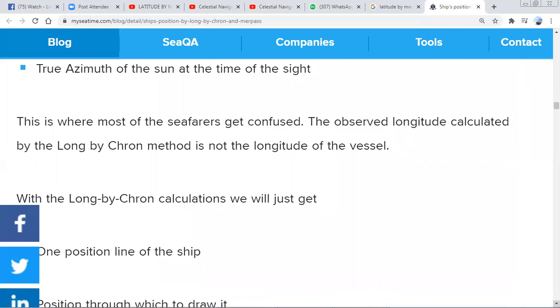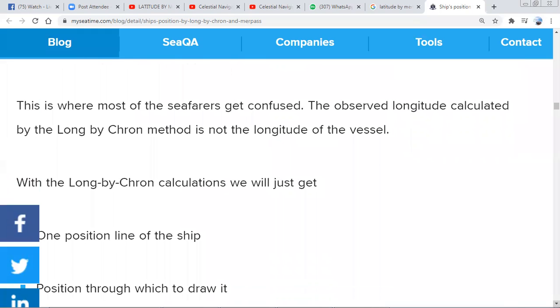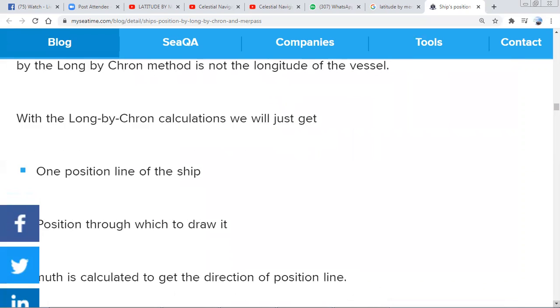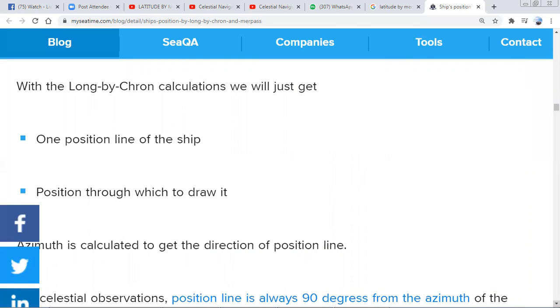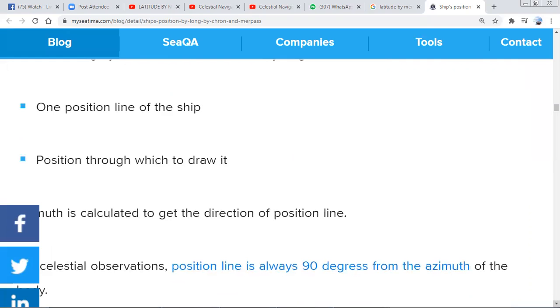This is where most people get confused. The observed longitude is not the longitude of the vessel. With the long by chron calculation, we will just get one position line of the ship, and the vessel can be anywhere on this position line. So with one sight, we get only one position line.